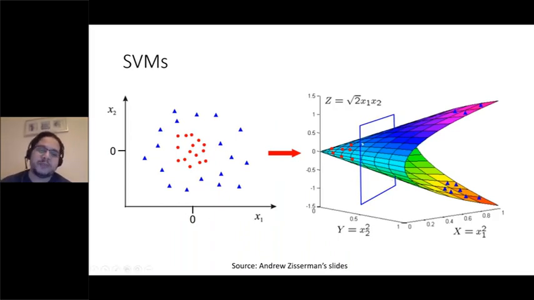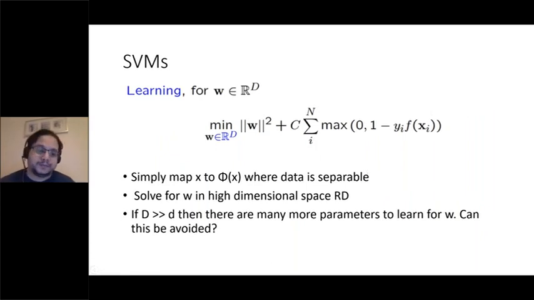It's like warping the space, going from a low dimensional space to a very high dimensional space. Like in here, we went from 2D to 3D, and you can see that now we can find a hyperplane that separates my data points perfectly. So this is what we call the kernel. What is the kernel trick now?